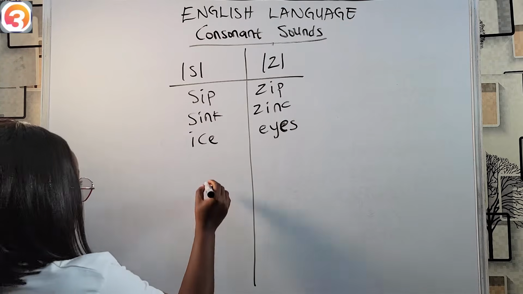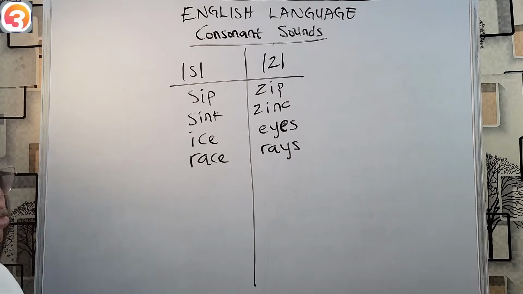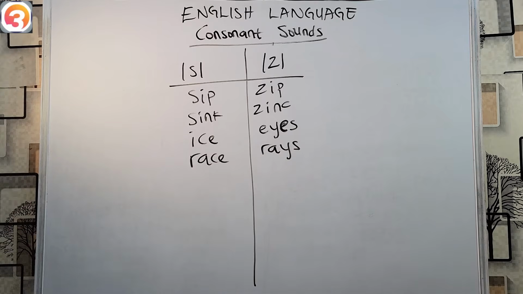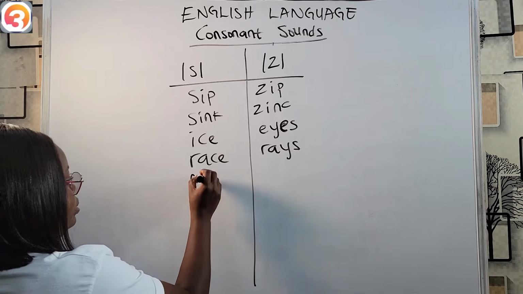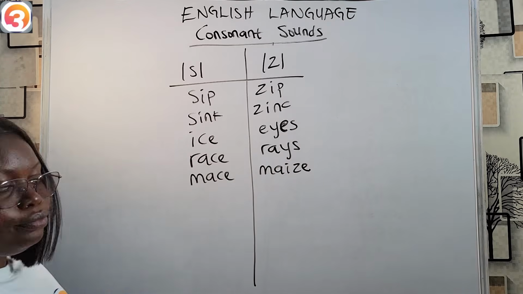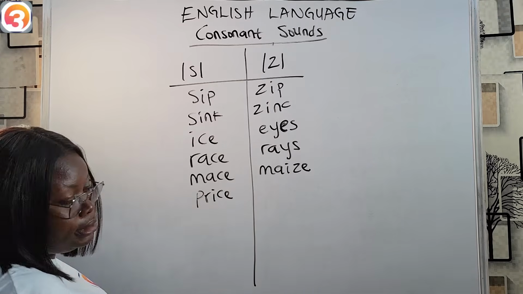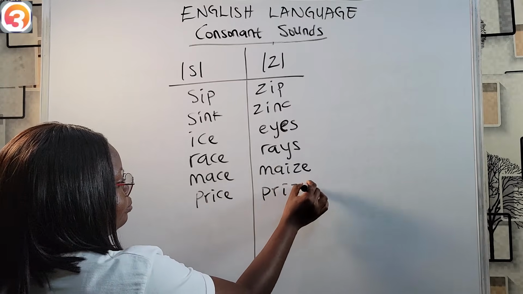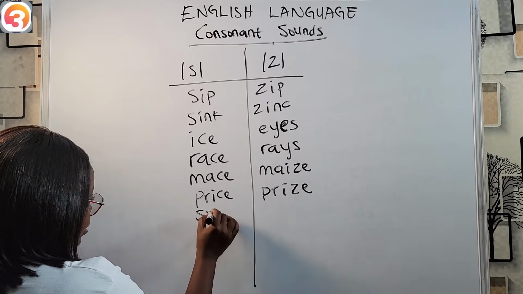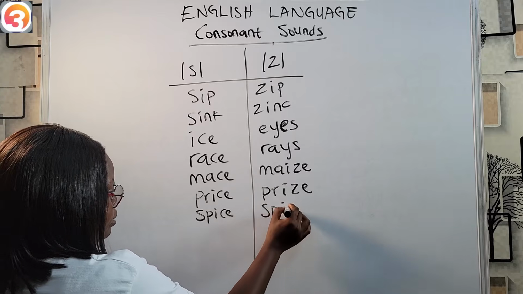We have race, raise. Vowel sound, so the S becomes Z rather than S. Maze. Examples, we have price, prize. Spice, spies.